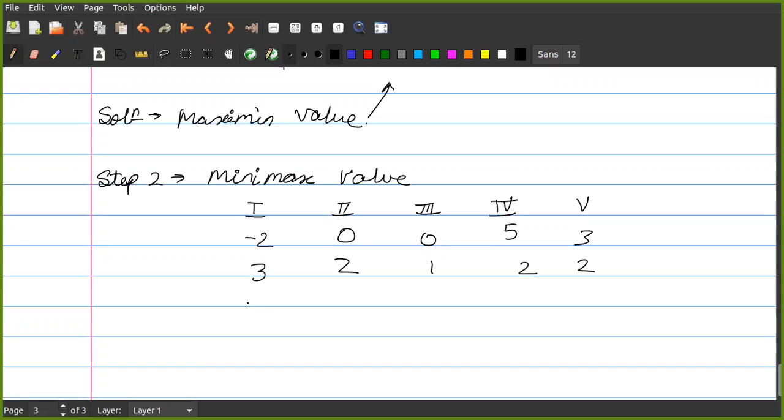Correct? The next is -4, -3, 0, -2, 6. Correct? Last values are, what is the fourth row? 5, 3, -4, 2, -6. Correct?